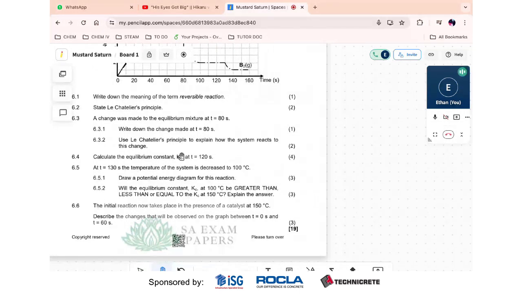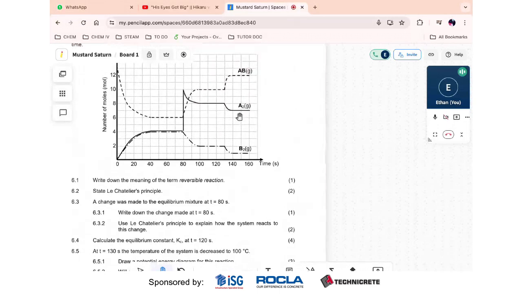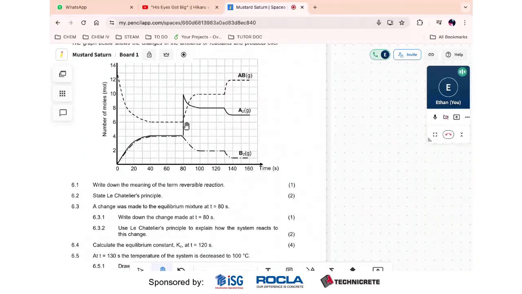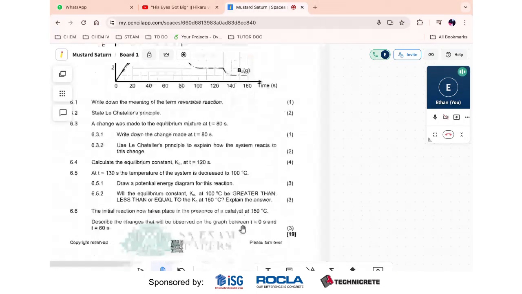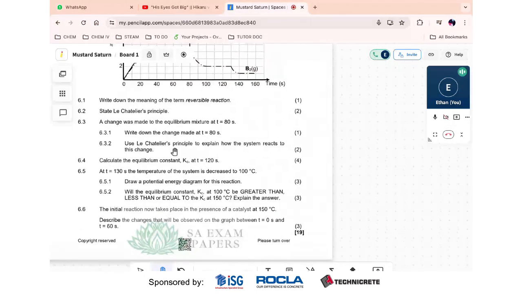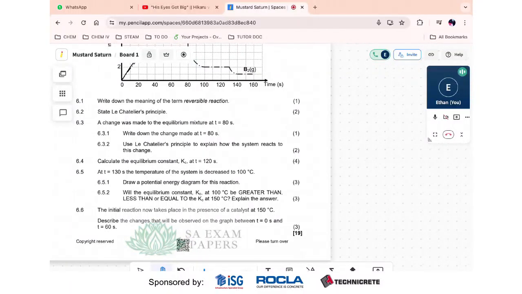Okay. A change was made to the equilibrium mixture at t equals 80. Use Le Chatelier's principle to explain how the system reacts to this change. Okay, so at 80 seconds, we can see here that there's a big jump in the amount of A. So definitely the change that they're asking for in question 6.3.1 is just A was added to the reaction.